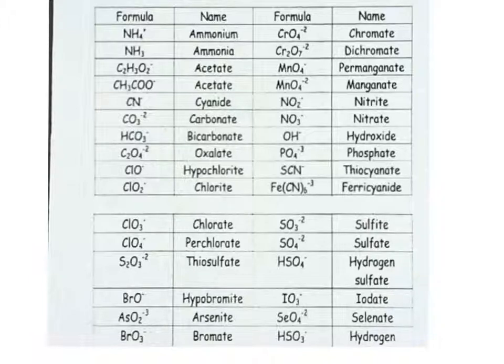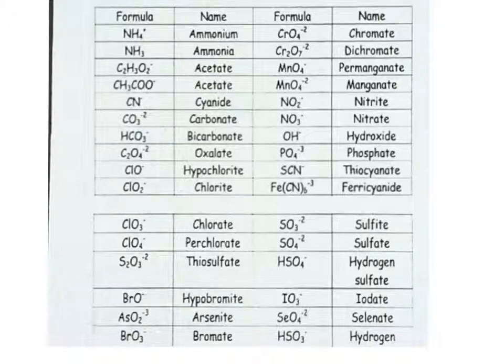The first one in the upper left corner, it's a little unclear, but that's NH4+. And that's called ammonium. And what that's telling you is that you have one nitrogen atom bonded to 4 hydrogens, and collectively that polyatomic ion carries a charge of +1. So that's NH4+. Right, and that charge is really, really important.